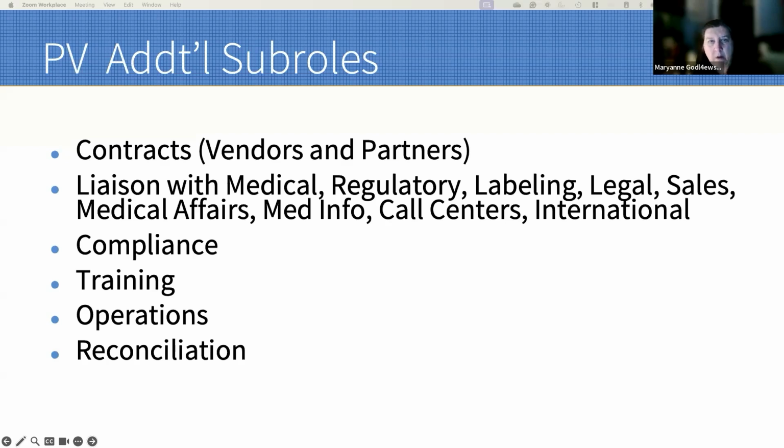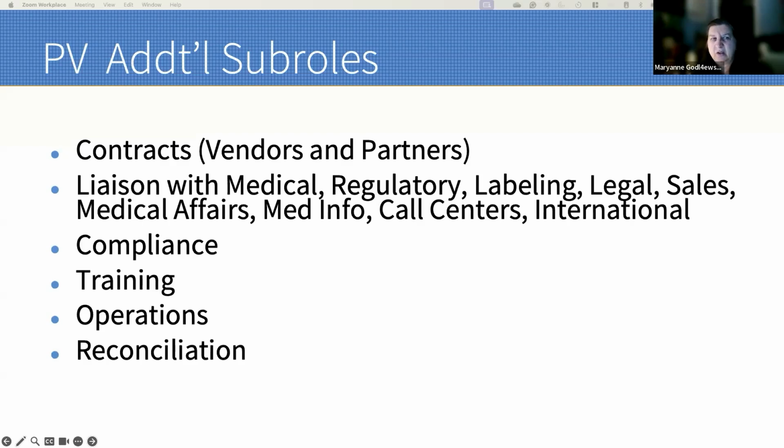We also, all of us, liaison with many other groups at the company. Like I said, the call centers, medical affairs. We have labeling, interactions, and regulatory. We also have a group of people that do compliance and CAPAs, which is, if you've heard of Six Sigma, a group that tries to determine what was the root cause analysis or why was a case missed.